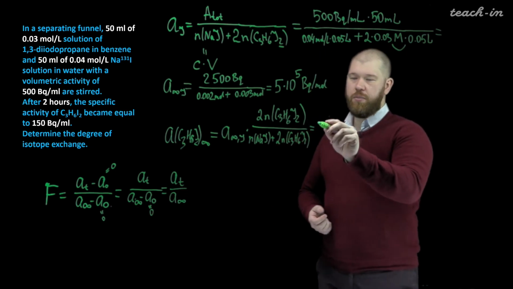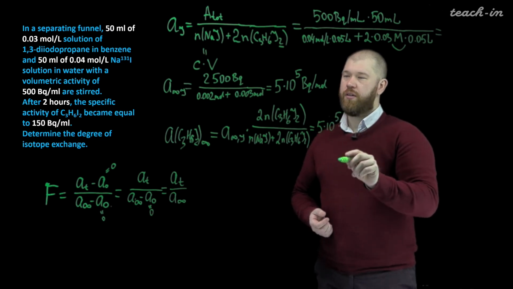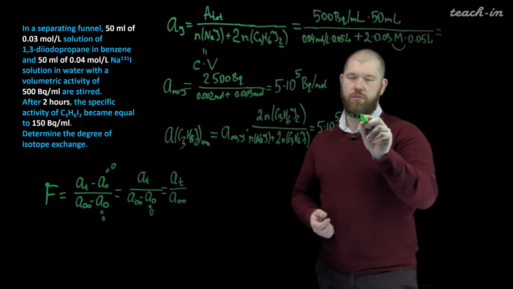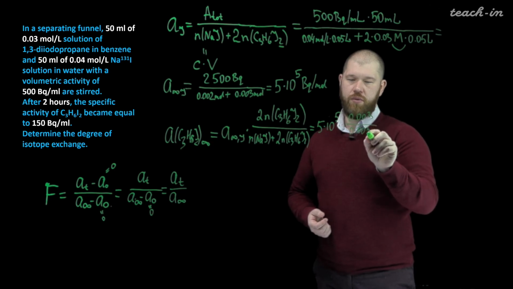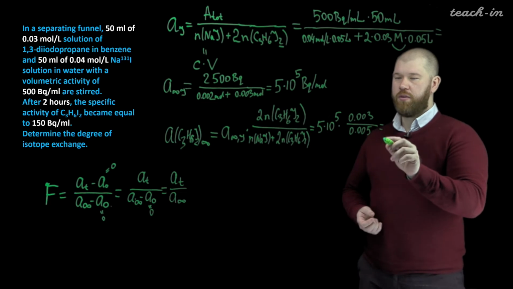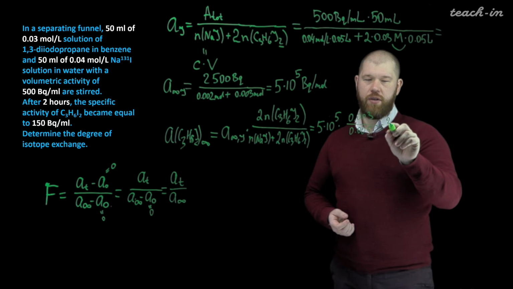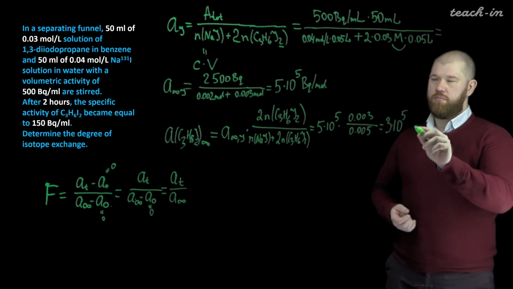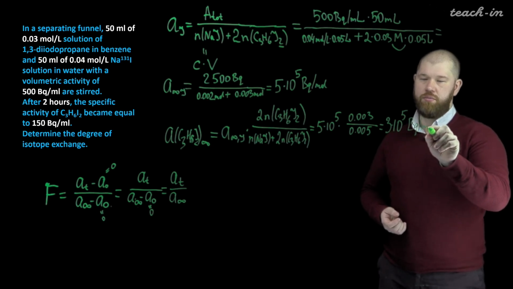So it will be 5 10 to 5 multiplied by 0.003 over 0.005. So it will be simply 3 10 to 5 becquerel per mole.